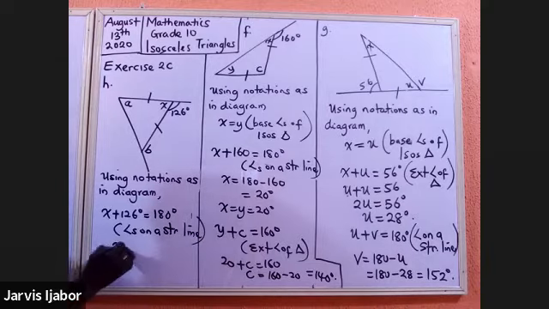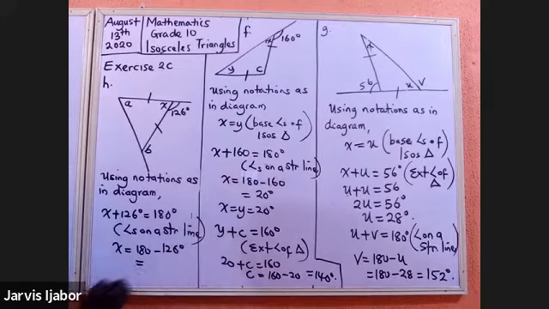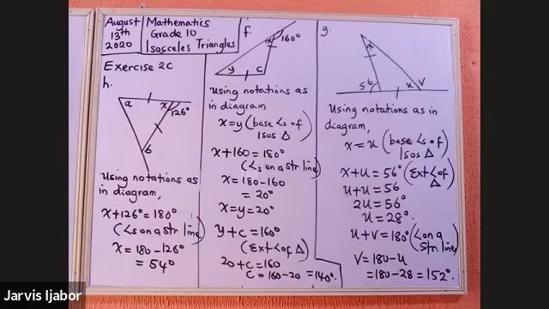So with that, X will now be 180 minus 126 degrees, and that will be 54 degrees. So that one is 54 degrees.